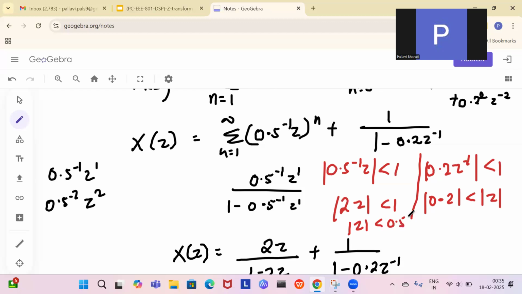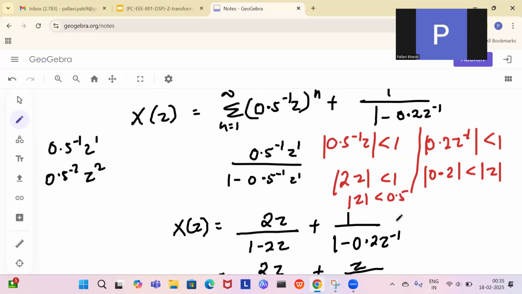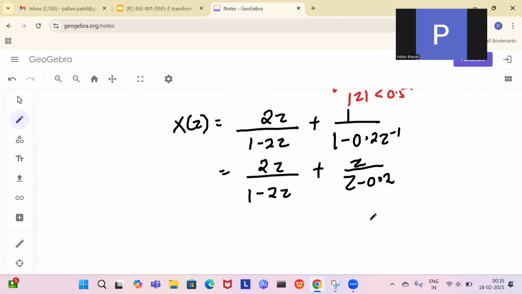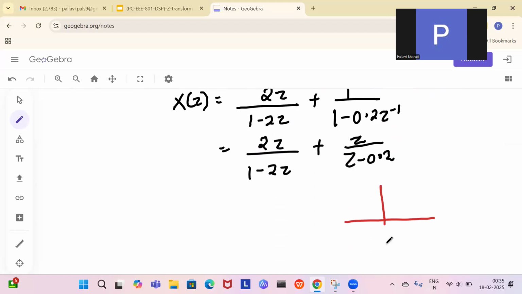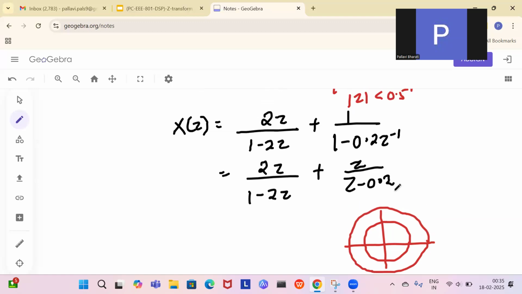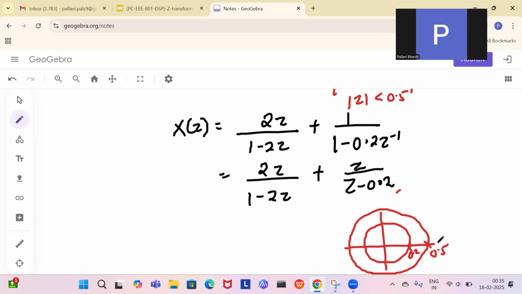1 by 2 is what? 0.5. So if you draw the ROC, it will be 2 circles. One will be of radius 0.5 and the other one will be of radius 0.2. So this one is 0.2 and this one is 0.5. Let us see once more.